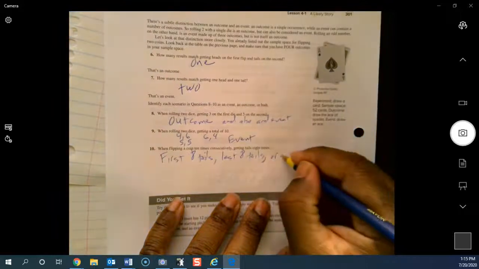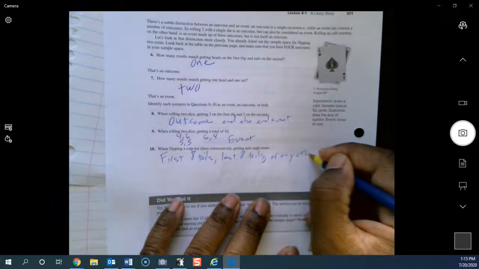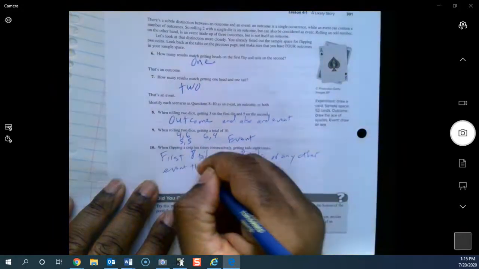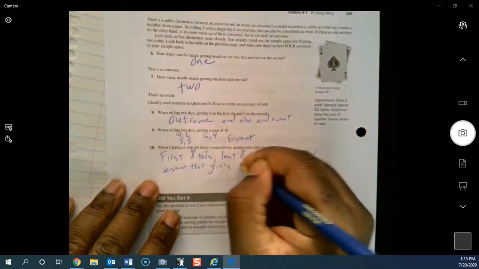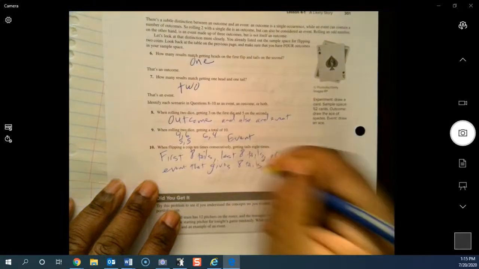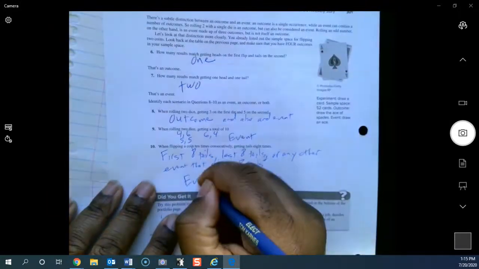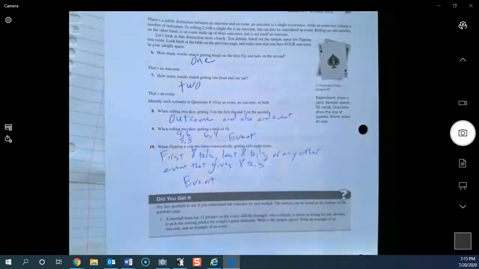Or any other arrangement that gives 8 tails. Once we have over 1 outcome, we know that this is strictly an event. Okay, now we move on.